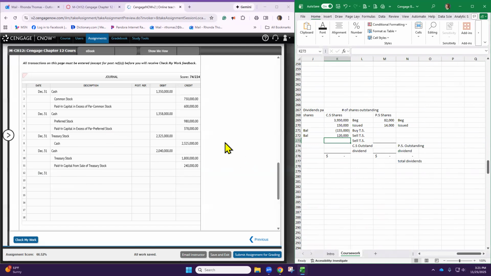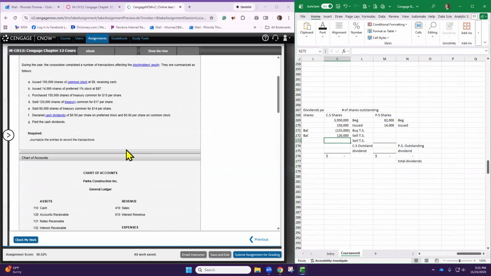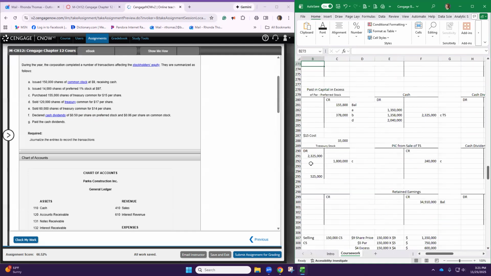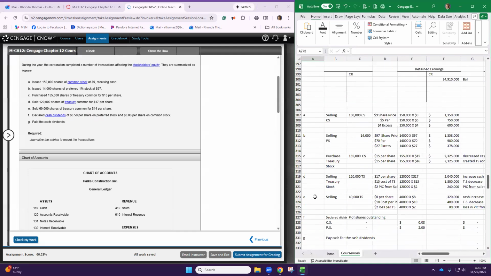And now I think the next one is another sale. So then this becomes E. 60,000, sold 60,000 shares of the treasury stock for $14 a share. All right, so let's go down here and figure out what's going on. Okay, so we're going to sell treasury stock again.